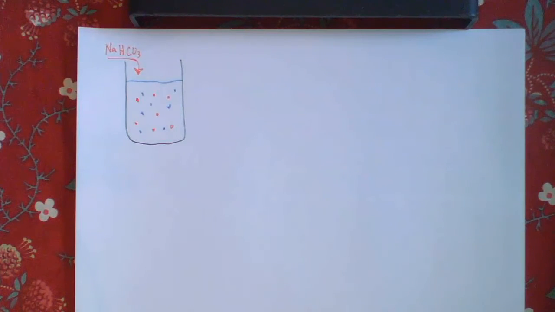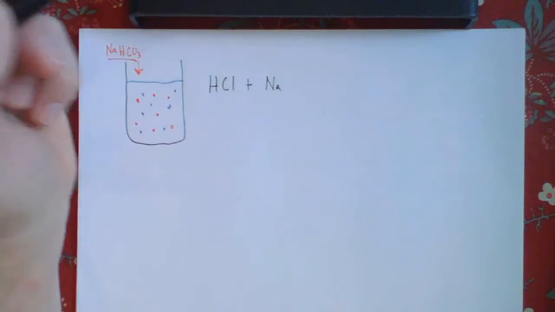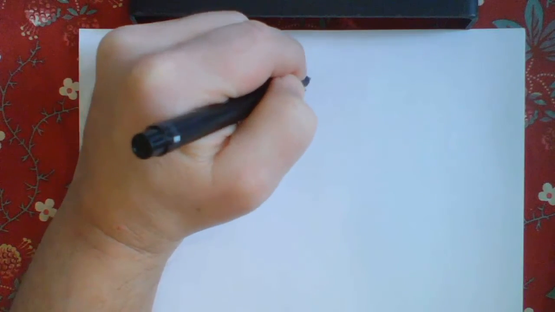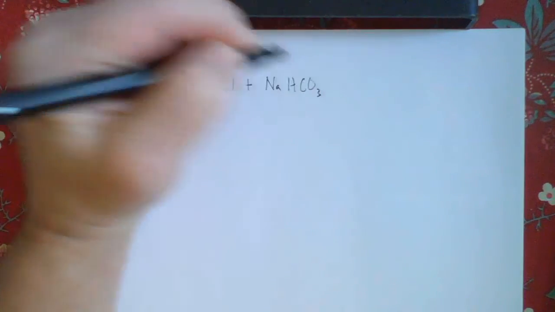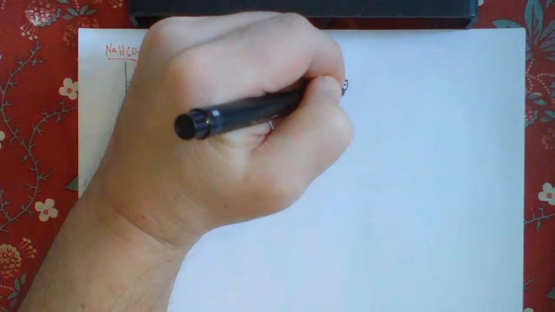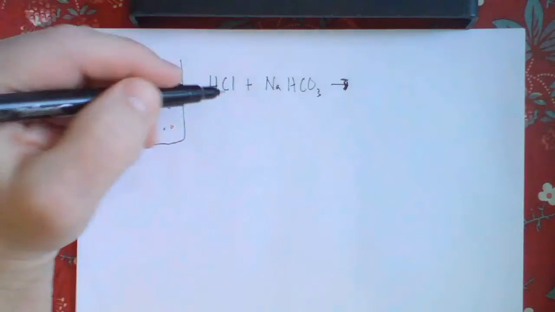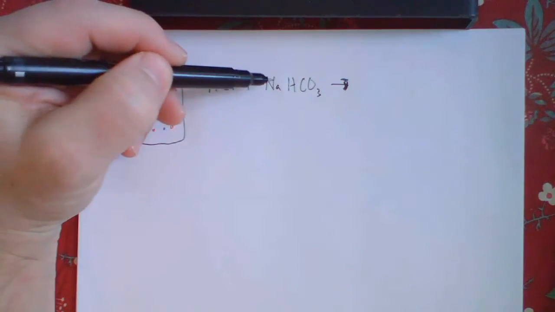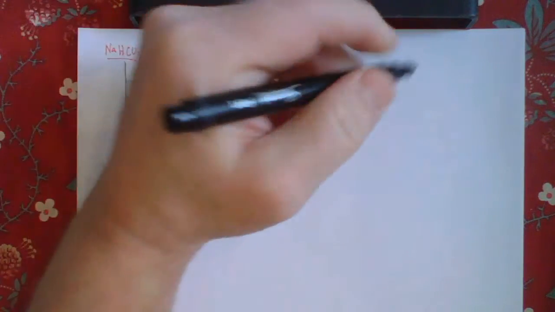We would see this as a reaction where we have our hydrochloric acid again. We're going to add to that our NaHCO3, and we'll see this reaction take place where it's going to be like a double replacement reaction. The sodium is going to go together with chlorine.